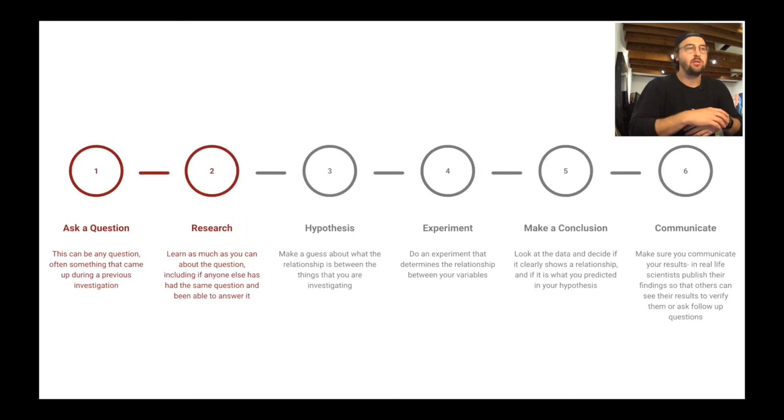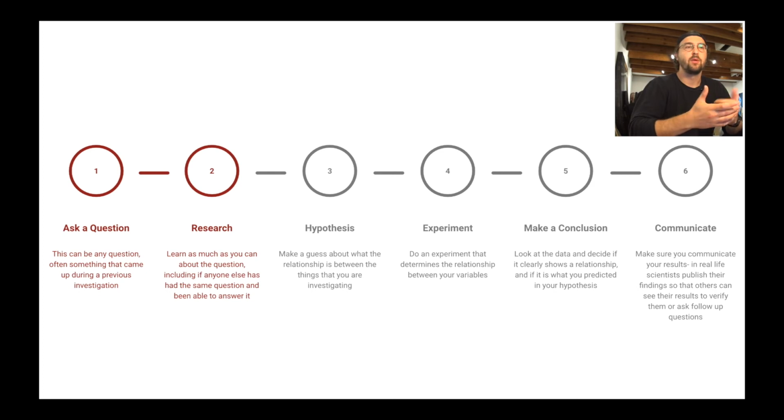So I asked a question already: what's the relationship between real and fake bait, and how much fish I catch? I could do some research and see what other people have found. I'll probably find a lot of answers, but again, I'm just going to do this experiment because I want to. And I might make the hypothesis that real baits, like actual live worms or leeches or minnows or whatever, are going to be more effective at catching fish.